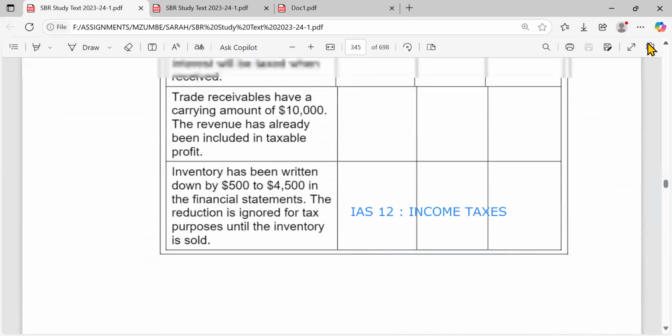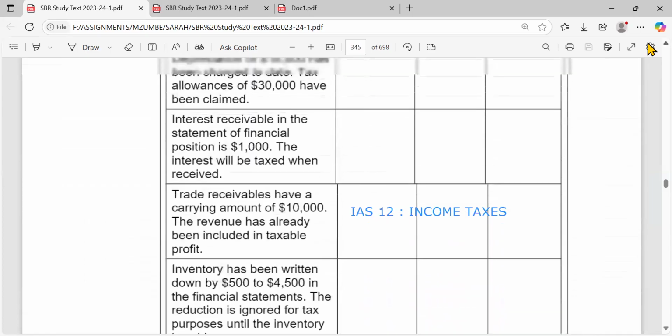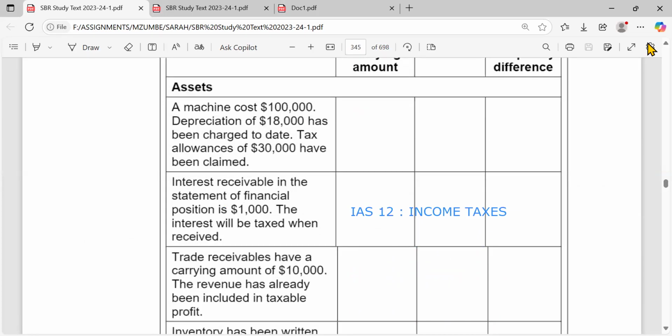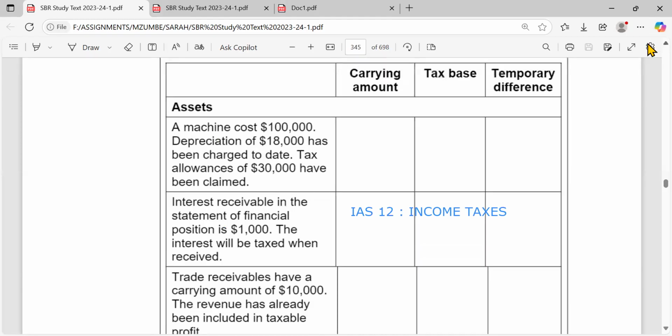If no temporary difference, then we do not have a deferred tax asset or deferred tax liability. Now, the carrying amount is just normal, like what we do in the financial books. But the tax base is just trying to get the carrying amount for tax purposes.